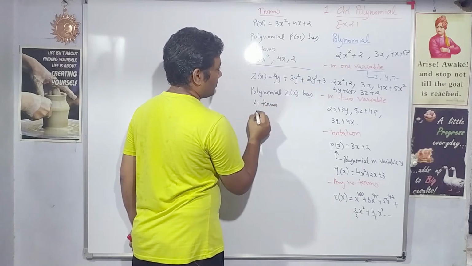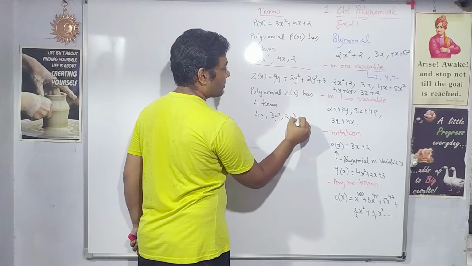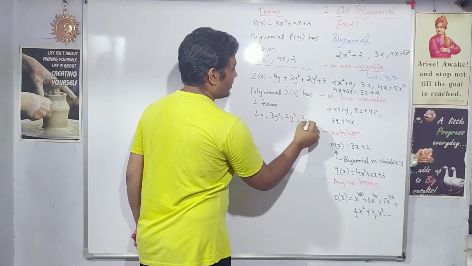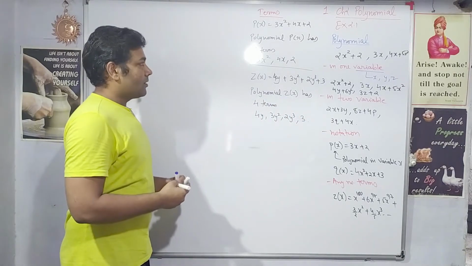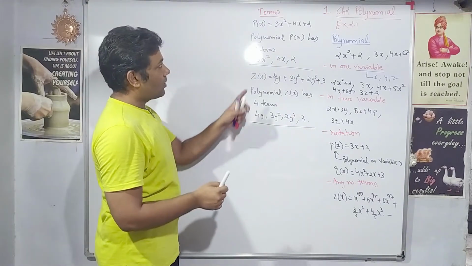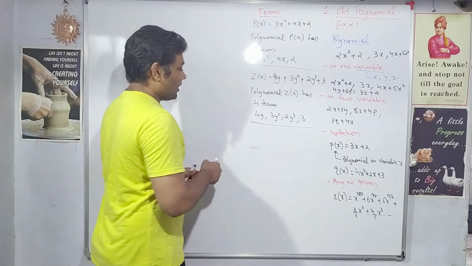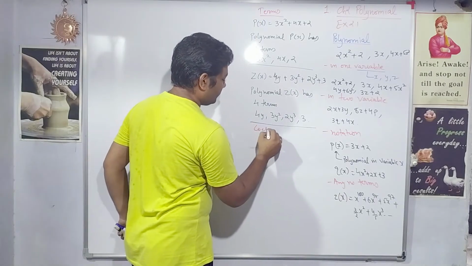Which are the 4 terms? 4y is one term, 3y square is second term, 2y cube is third term, and 3 is the fourth term. So that is the meaning of the terms. That is what this terminology terms mean. Next we have coefficient.